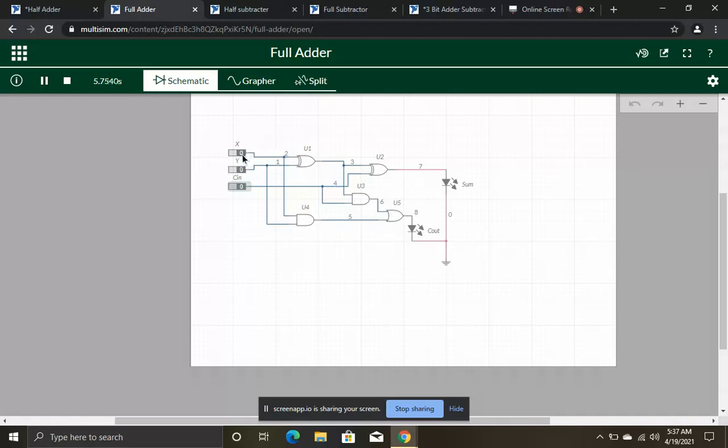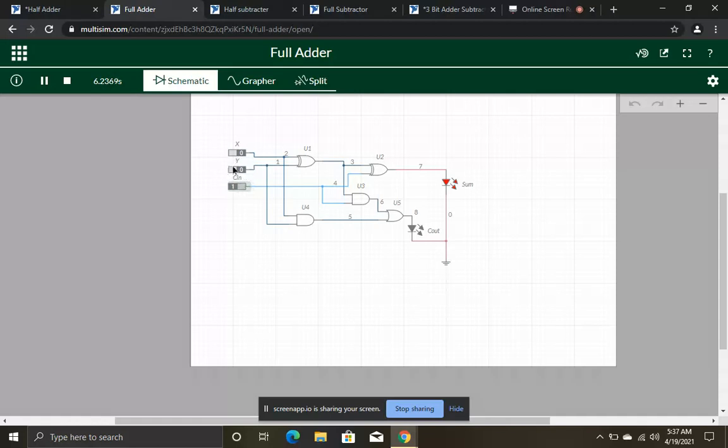There are three inputs. If x is 0, y is 0, then c in is 0, the sum will be 0 and the carry out will be 0. If x is 0, y is 0, but the carry in is 1, the sum will be 1 but the carry out will be 0.